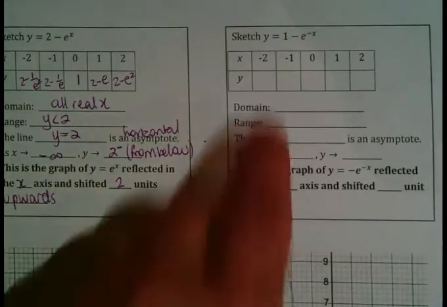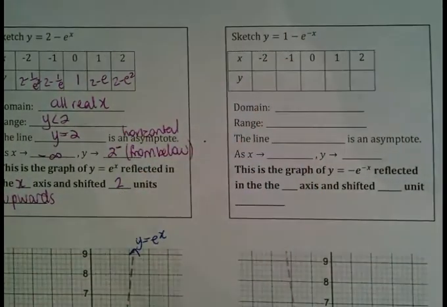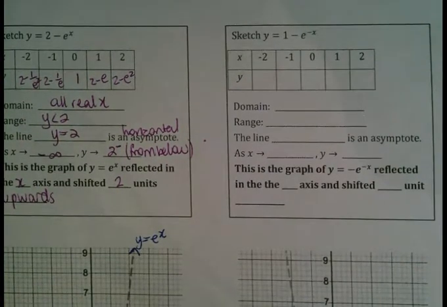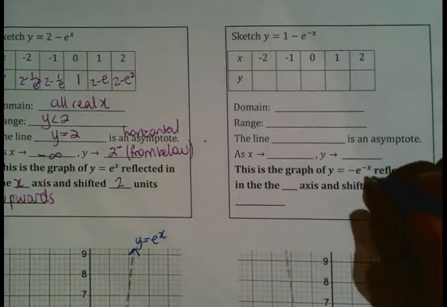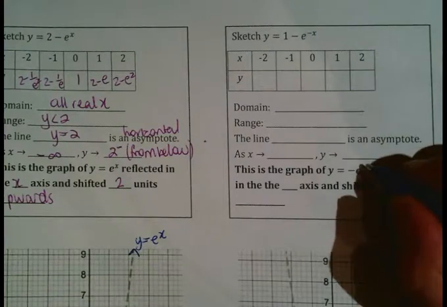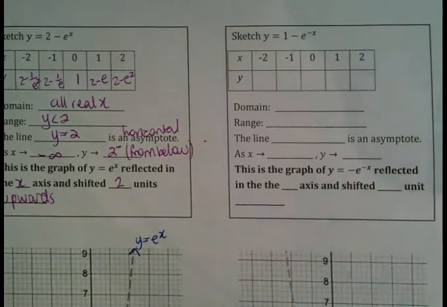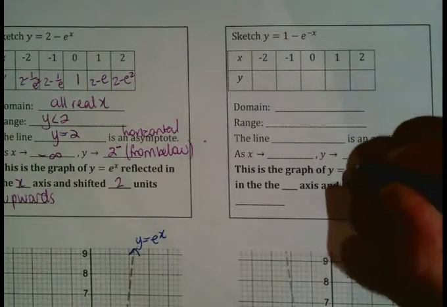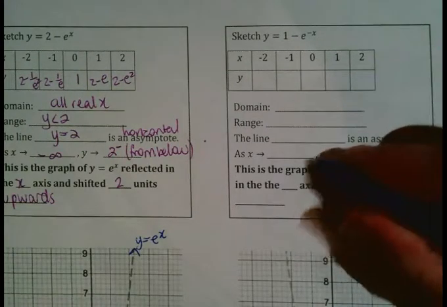When you come to sketch something like this, you've got to think, how was this created? Now, actually, I think what we want to say here, I don't want to say that. I want to say that this is the graph.